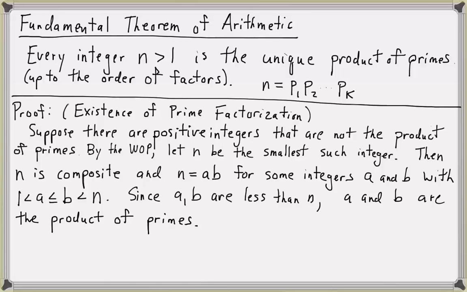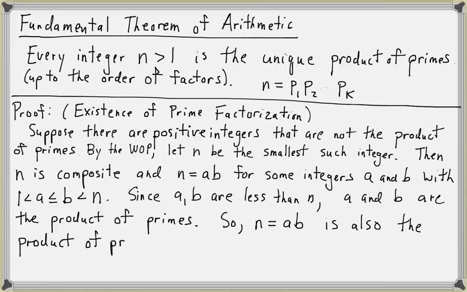If a is a product of primes and b is a product of primes, then I can write n as a product of primes. So n, which equals a times b, is also the product of primes. Which is a contradiction.